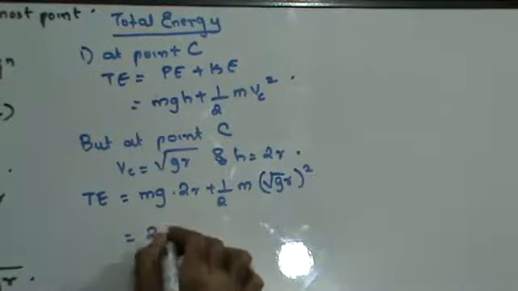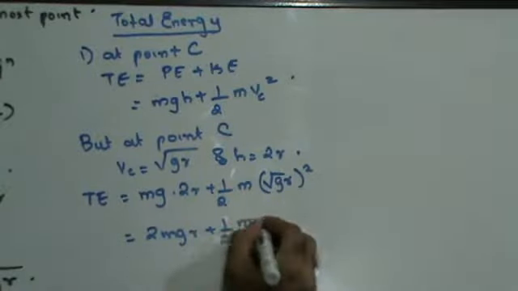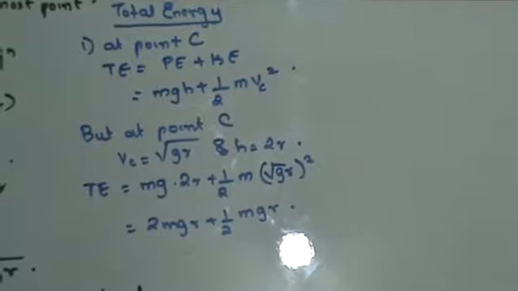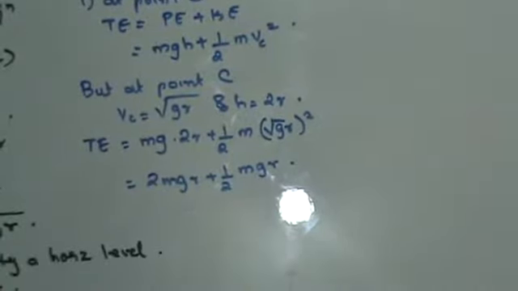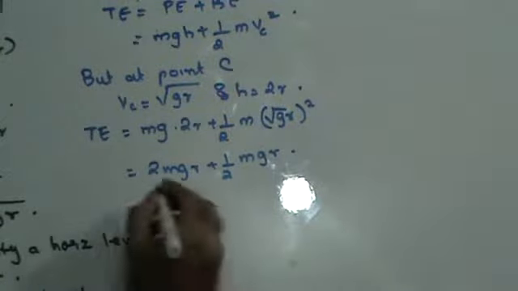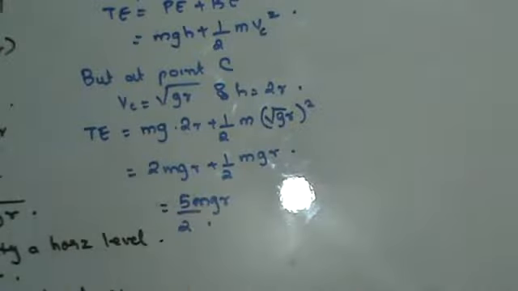So this is going to be 2 mgr plus half mgr, right, because root and square get cancelled. That is 4 plus 1, 5. This is going to be 5 mgr upon 2. So the total energy of the body at point C is going to be 5 upon 2 mgr.